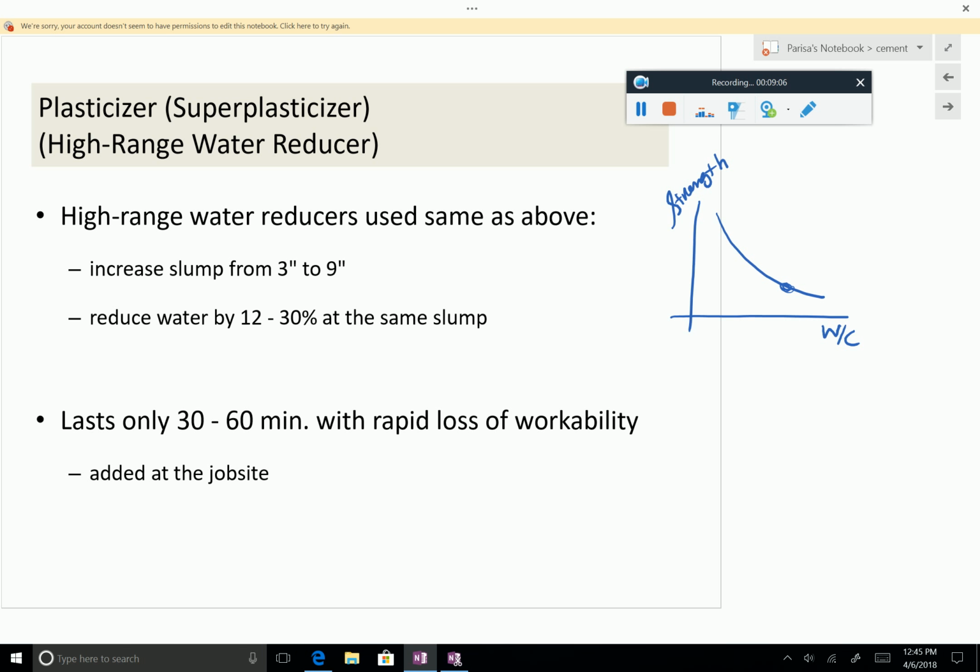So we talked about superplasticizers. They can increase the slump up to even 9 inches. They are called water reducers because to achieve the same increase in slump, if you just wanted to add water, you would have to add 30% more water, which would mean much lower strengths.